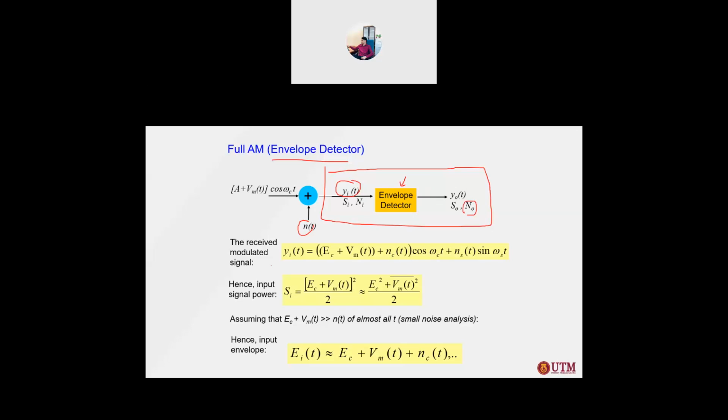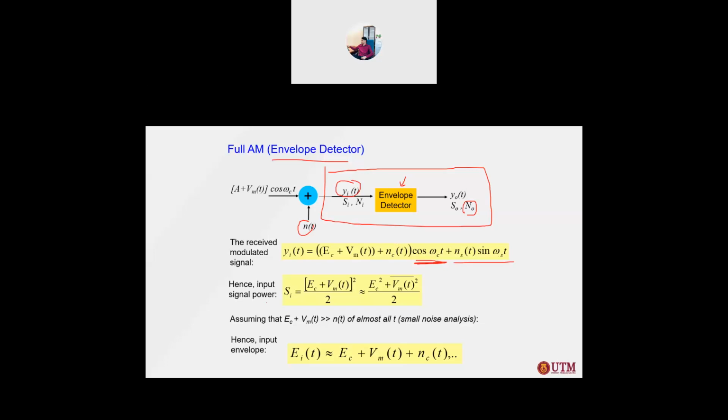So the received modulated signal is YT equals EC plus VMT plus NCT, times cos omega CT, which is the carrier, plus NS sine omega ST. This one is from the filters.